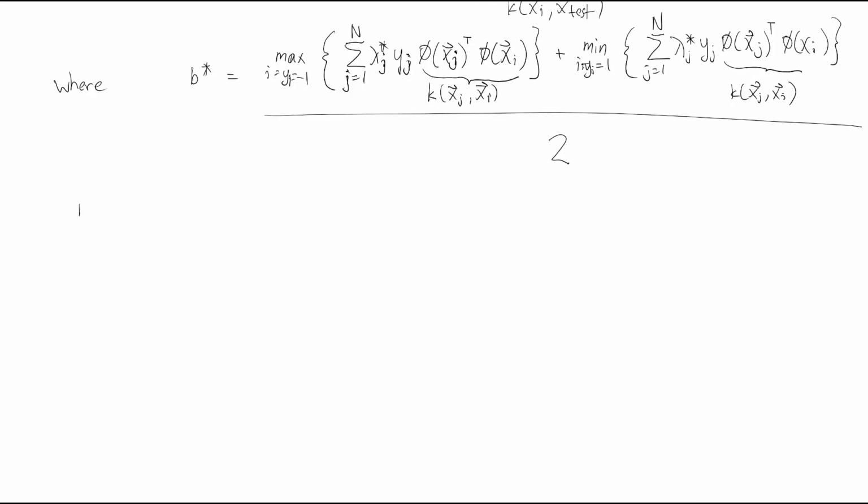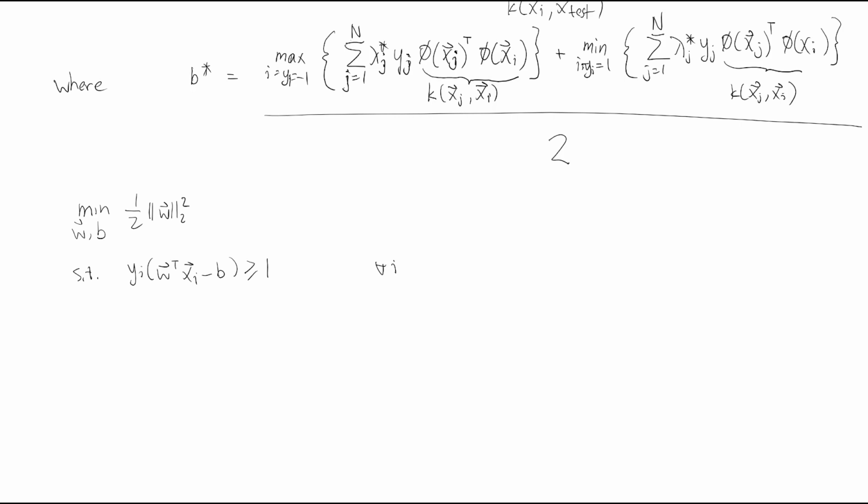Let's write down the SVM primal problem again, which is min over w and b of 1/2 the squared 2-norm of w, subject to yi times (w transpose xi minus b) greater than or equal to 1 for all i.